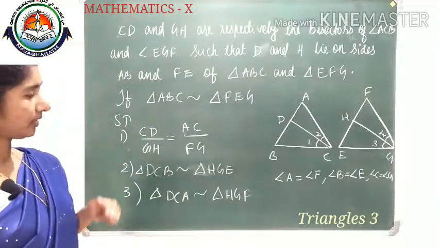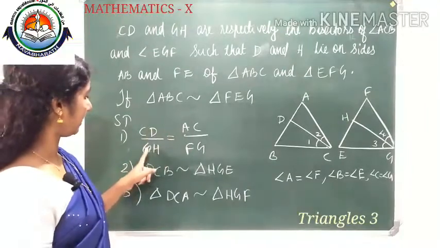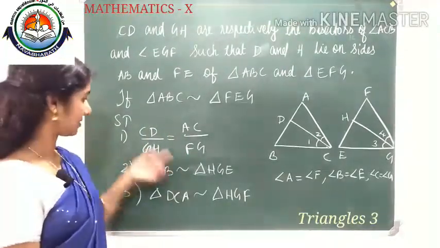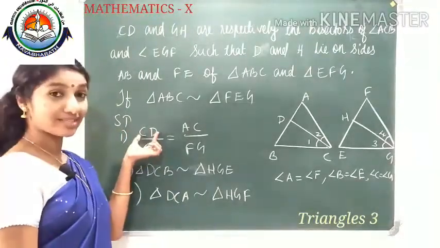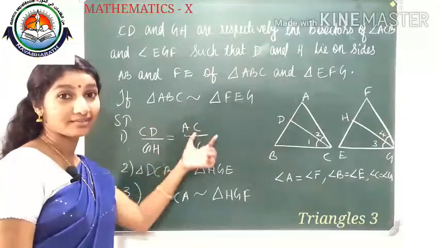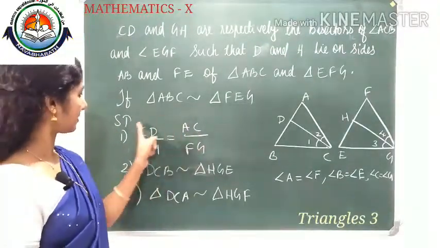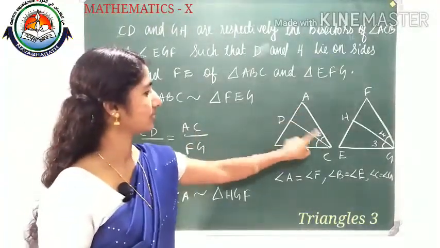So we need to get triangles including CD, AC, GH, FG, isn't it? So which triangles will we consider? See here the side lengths, including these side lengths, which two triangles will we consider? CDA. See, this is one triangle's information. ACD. So we need to focus on ACD.